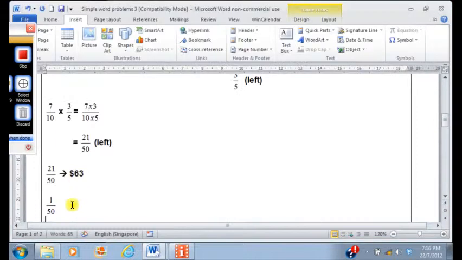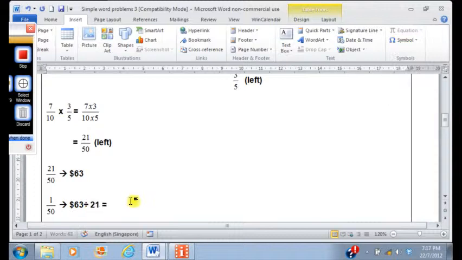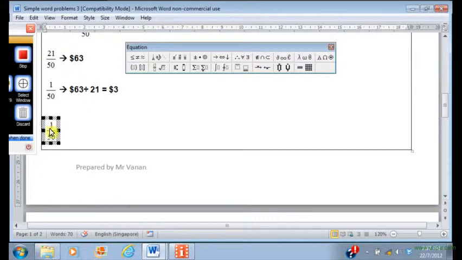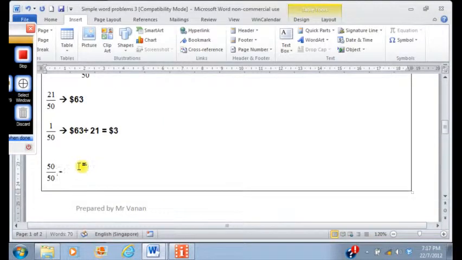One out of 50 will be $63 divided by 21, which gives $3. The total is one whole, which is 50 over 50, so $3 times 50, and the money he had at first is $150.